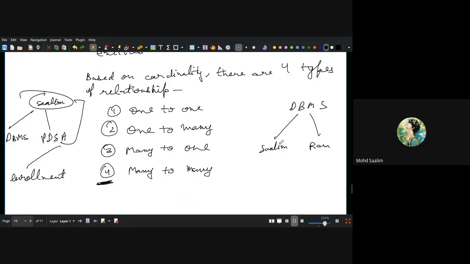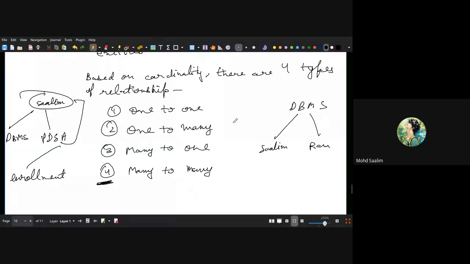A course should be taken by multiple students. It is not especially created for only a single student. Salim, Ram, Sita, Radha, Puneet, and anyone else should be able to take this course, right? Whoever is eligible, but we are making things simple.